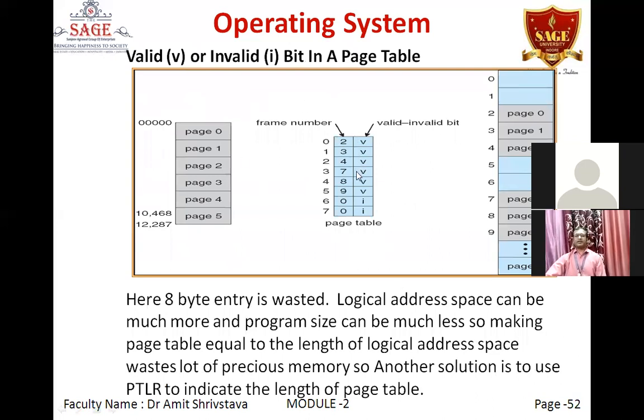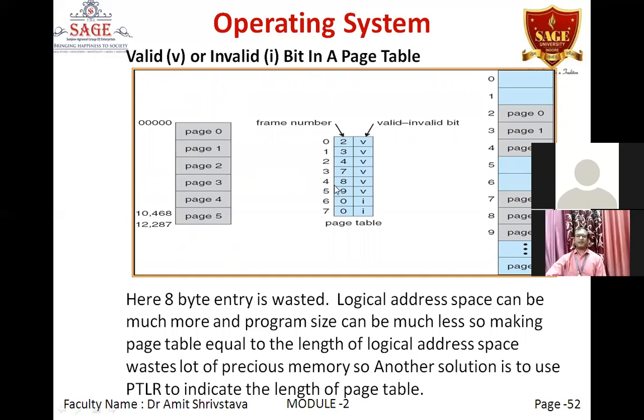Okay, so as I mentioned, the valid-invalid bit. Here we can see that in this program we have only pages from 0 to 5, that is 6 pages. So in the page table, let us say our logical address space has entries for 8 pages, and our program has only 6 pages. For the first 6 pages, 0 to 5, we write V, that is the valid bit.